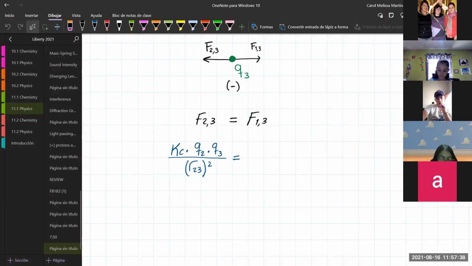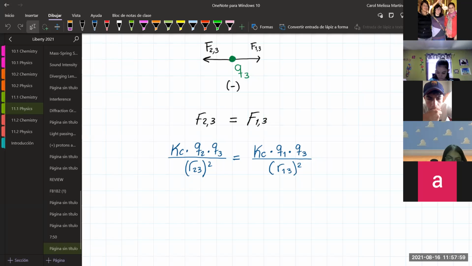This is going to be equal to F13, that is going to be calculated with Kc Q1 Q3 divided by the distance between 1 and 3 to the second power.